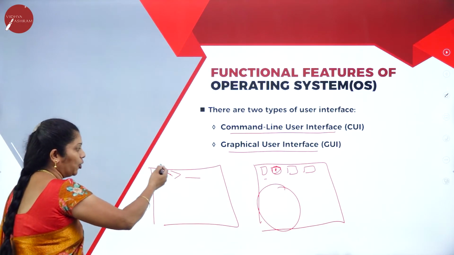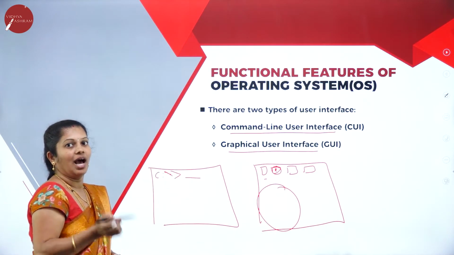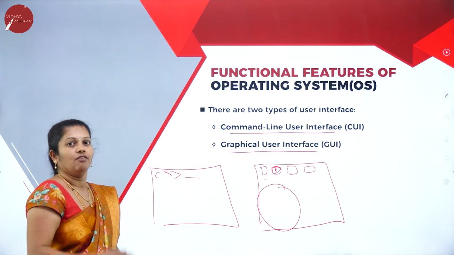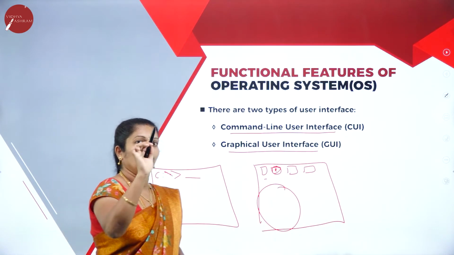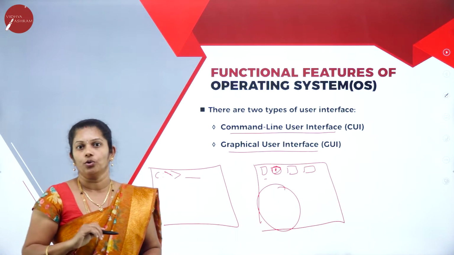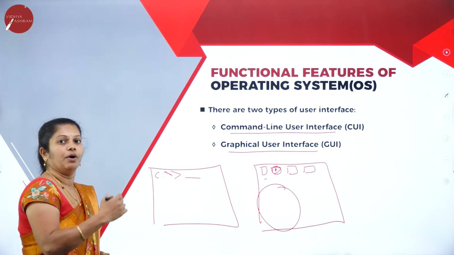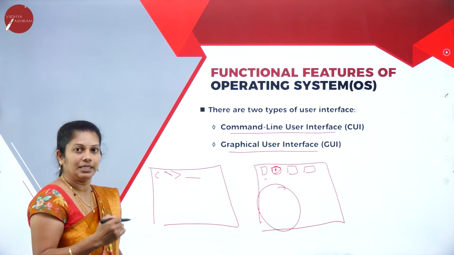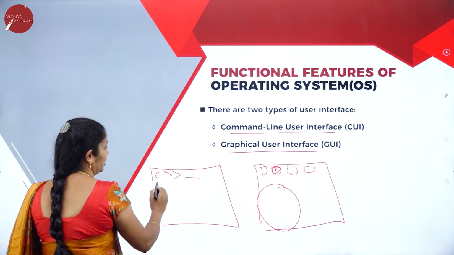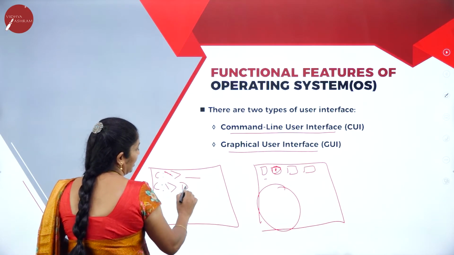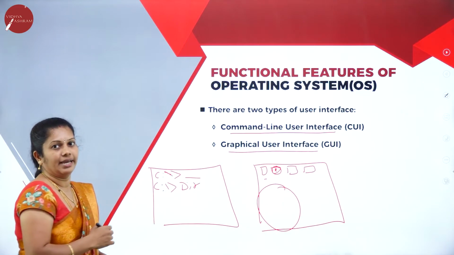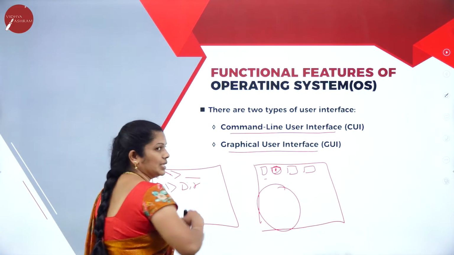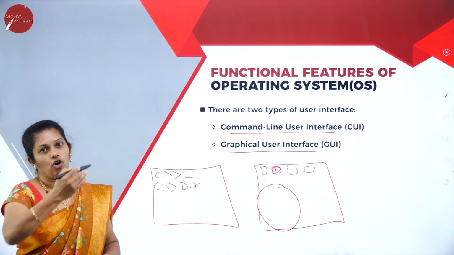Whereas here, I don't have any support like that. I have to remember the code: copy, from which file to which file you want to copy. Or if you want to perform some other operation, like displaying the directories, then in the command prompt you have to type dir, and it will display the directories. Whereas here, by using the list command, I can display all the directories.